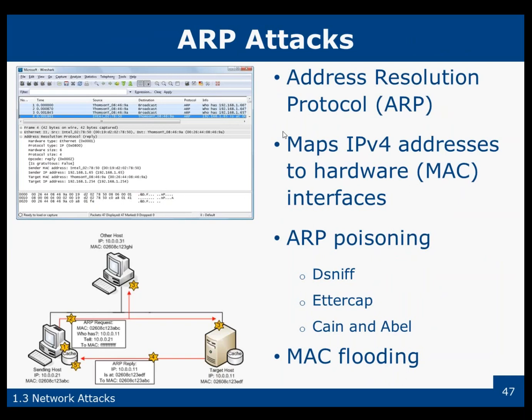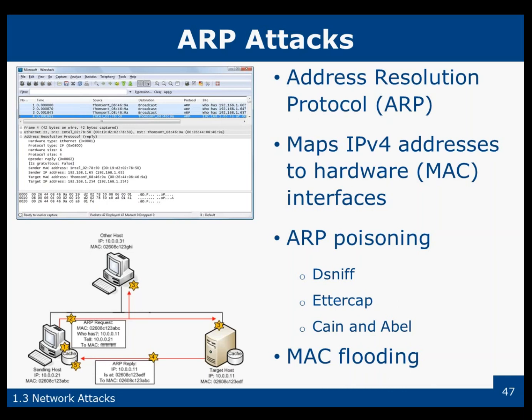ARP attacks. ARP is not a real smart piece of software. It matches IP and MAC addresses, and it will take the answer to a question that nobody ever asked.